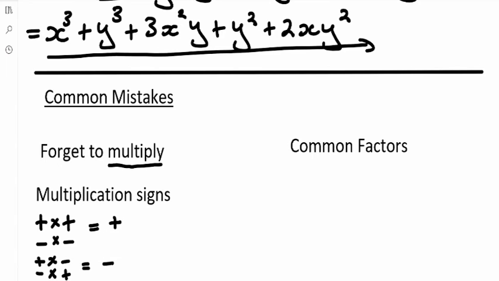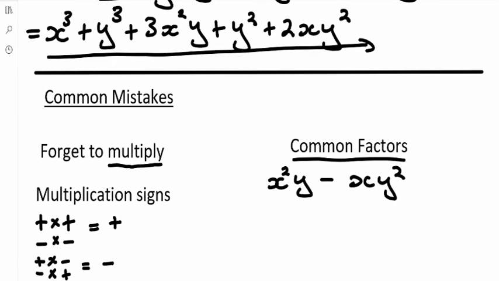Another mistake that I've seen students make is they forget to recognize common factors, like I was busy with in the previous example. And this is very easy to overlook. Remember I said that x squared y and xy squared are not common factors. You can't simplify this. These are completely different terms.